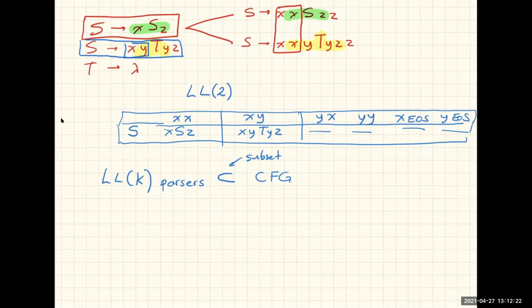For example, imagine you have a language that says X to the n, Y to the n, with n belonging to the natural numbers.